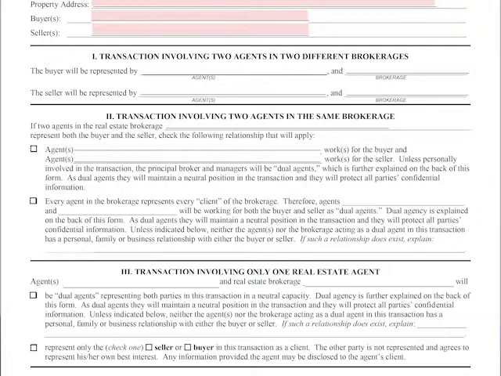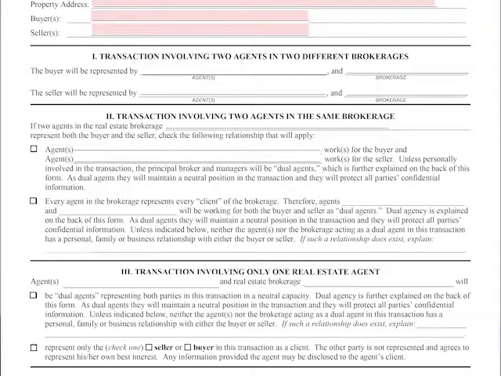Section number two is a transaction involving two agents in the same brokerage. This is a case where the agent works out of Keller Williams Greater Cleveland West. They're in our same brokerage, work out of the same building, and an example would be if two agents in the real estate brokerage, Keller Williams Greater Cleveland West, are involved. You check that the first box, where it lists the two agents.